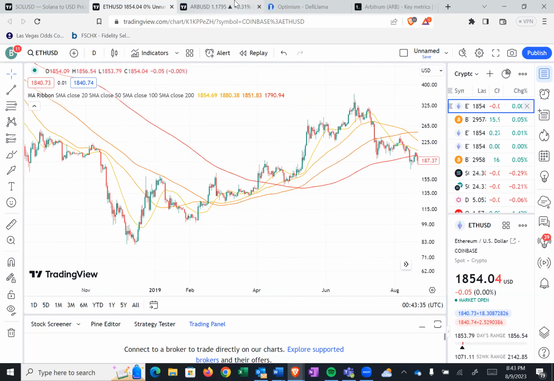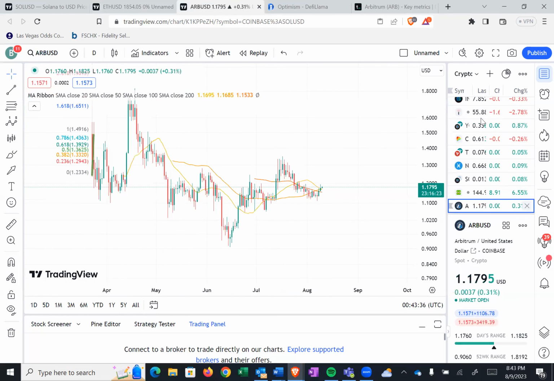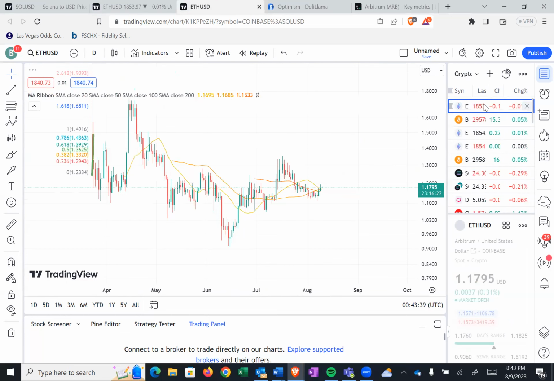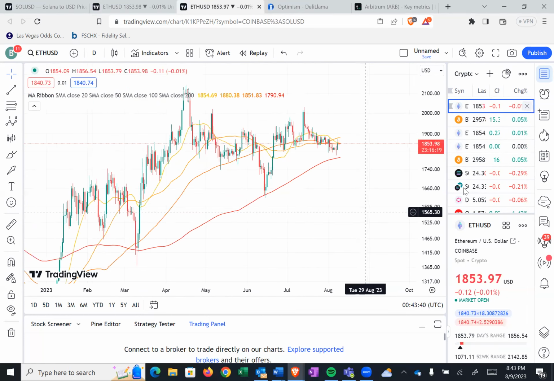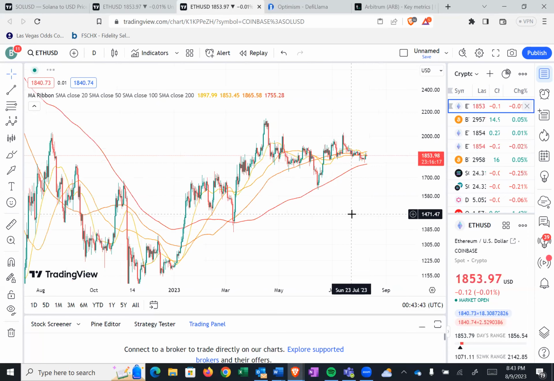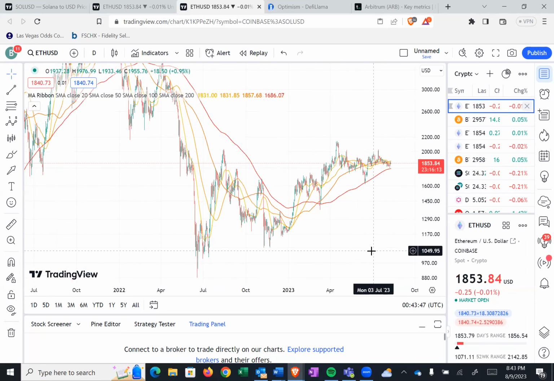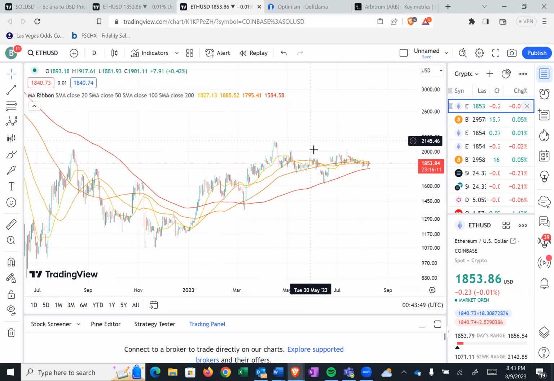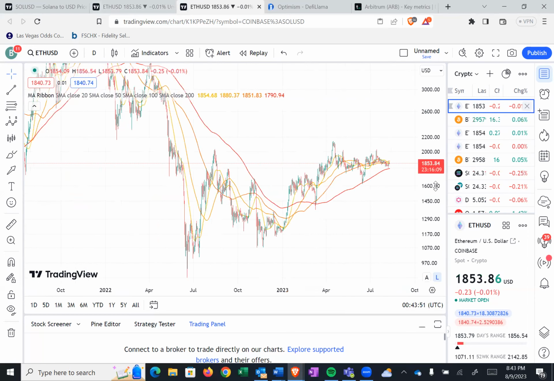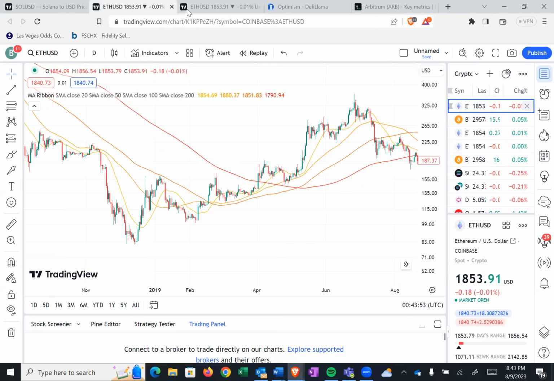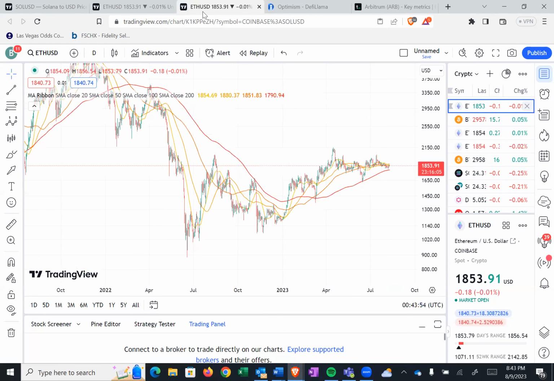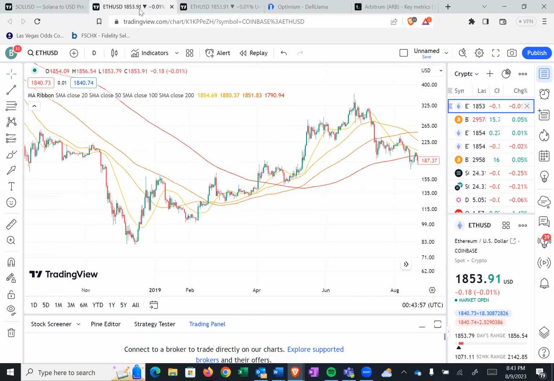Let's see if we can pull up both of these at the same time. It's a similar looking thing. Let's just be honest, it's similar.